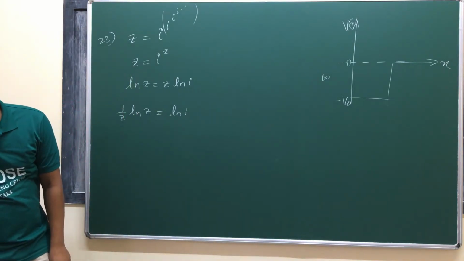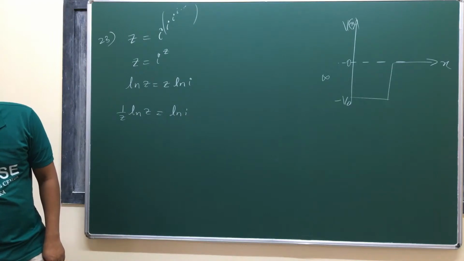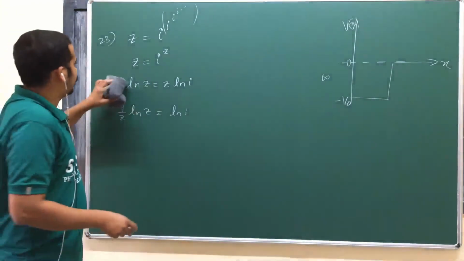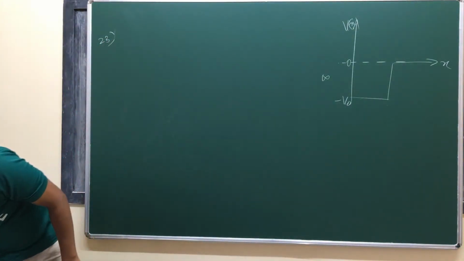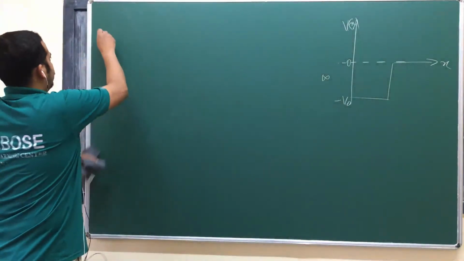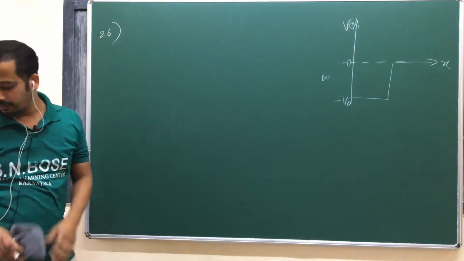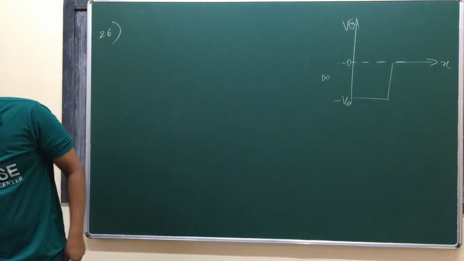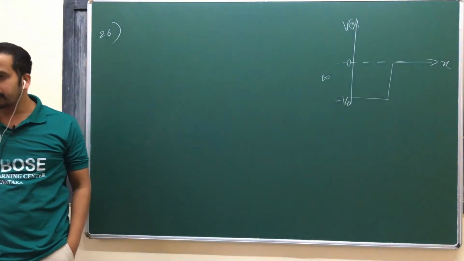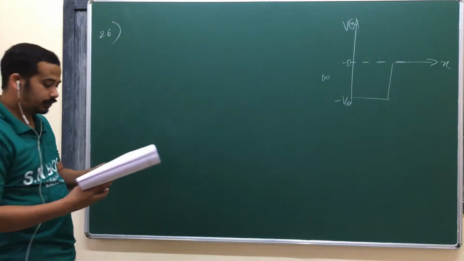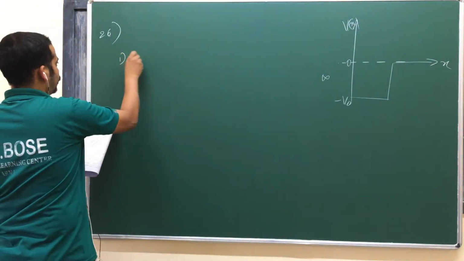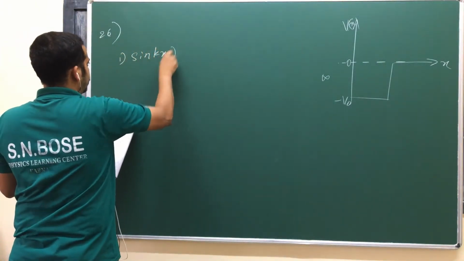Next, there is one quantum mechanics question, question number 26 here. He has given a list of wave functions and asks for which one the expectation value of momentum is 0. Option 1: sin kx.